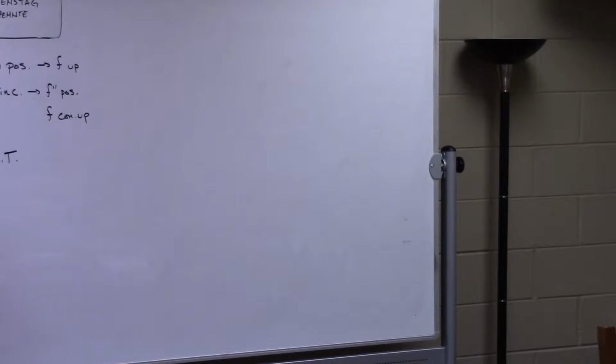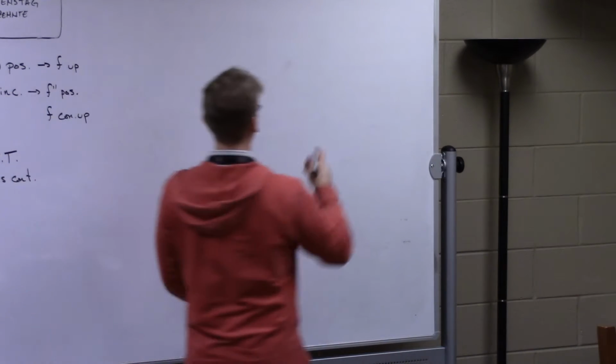Okay, in order for you to do the intermediate value theorem, the first thing that has to be true is that your function f is continuous. If it is not continuous, the intermediate value theorem falls apart. Here's what it says in a nutshell.